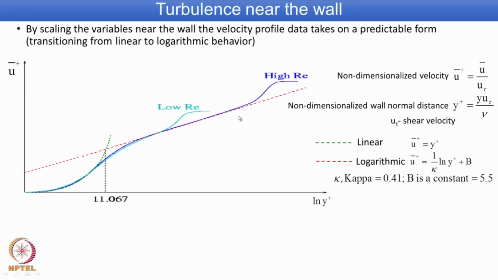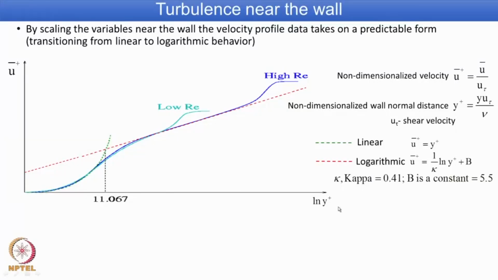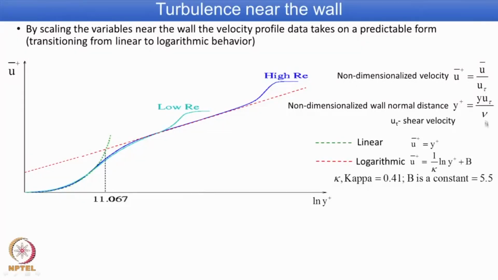So, this plot is very special, because we are using non-dimensionalized velocity and non-dimensionalized wall normal distance. It is universal, whatever the type of flow, because we are normalizing with respect to shear velocity u tau and with respect to viscosity, and that is a speciality of this plot.